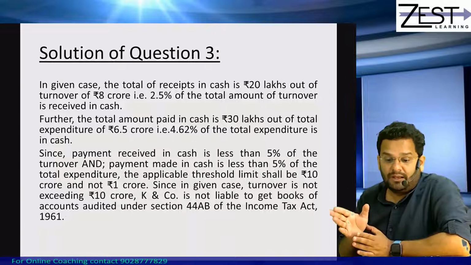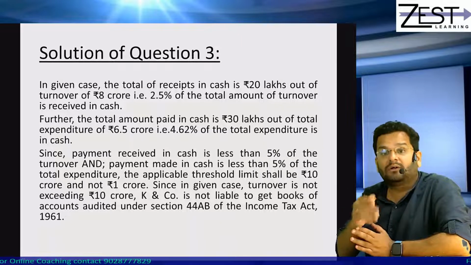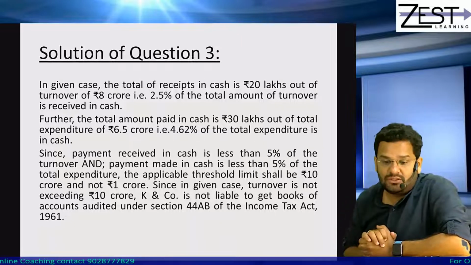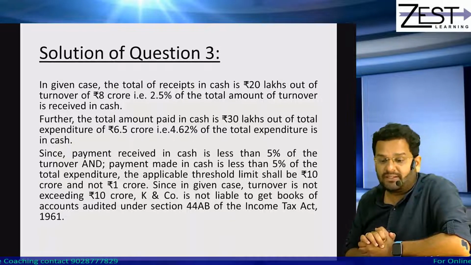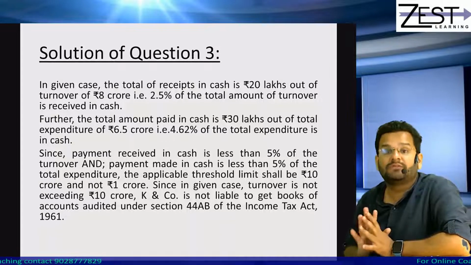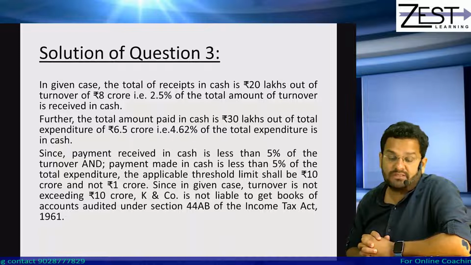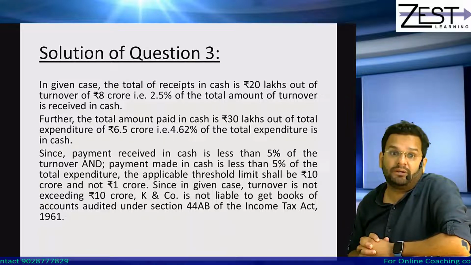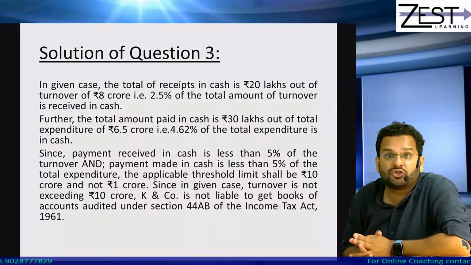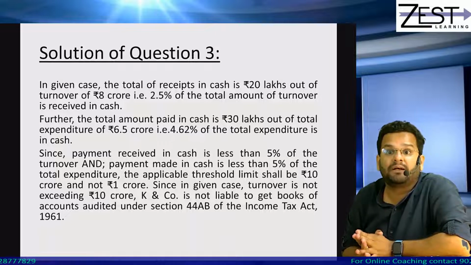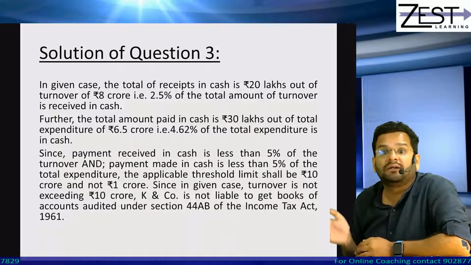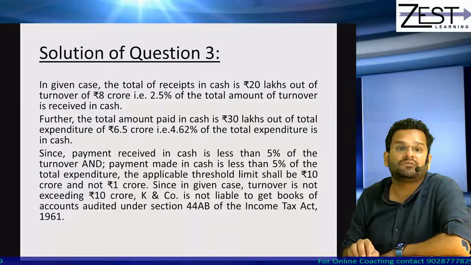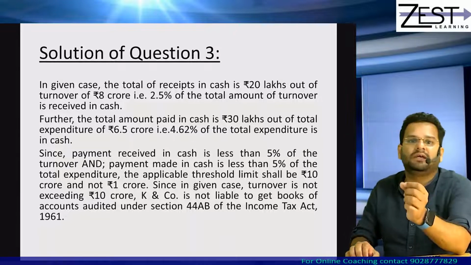And when I talk about the expense paid in cash, it is 4.62%. So both are below 5%. So yes, the applicable threshold limit will not be the normal threshold limit of 1 crore, but the extended threshold limit of 10 crore.